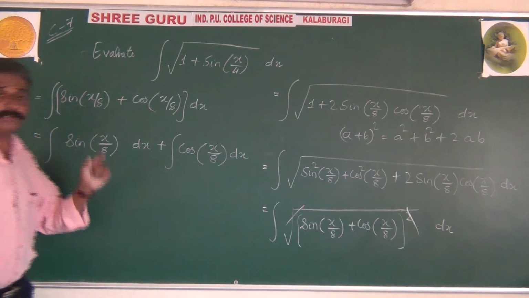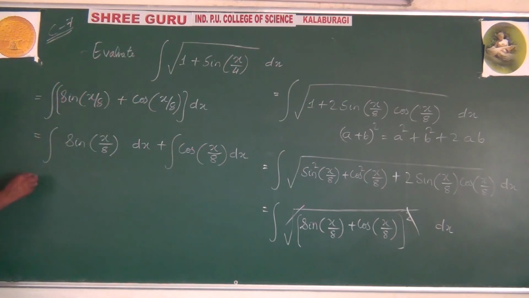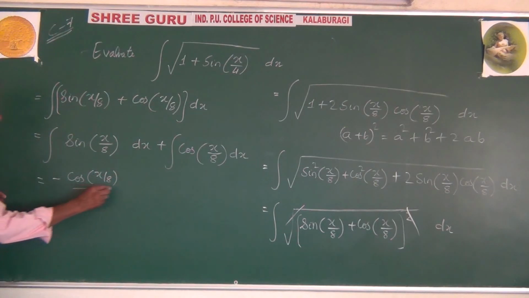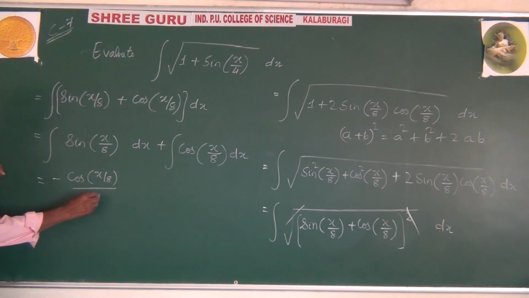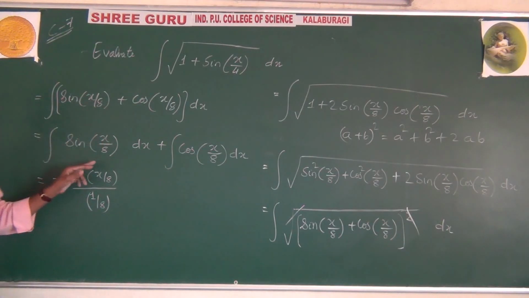What is integration of sine function? Minus cos function, minus cos x by 8, and more importantly divided by the coefficient of x. What is the coefficient of x? 1 by 8. That's important here. Observe, the x coefficient is not 8 but it is 1 divided by 8.